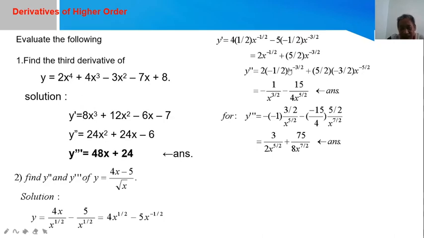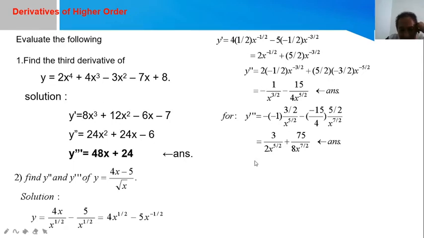Okay, the product becomes 1, x to power of 3 halves, taking the reciprocal to convert it in terms of a positive power. The next term is 15 over 4, correct? That's a product of 2 and 2, 5 and 3. So, changing the power to positive, I take the reciprocal, I associate x to power 5 halves to 4. So, this is the answer for my second derivative which is needed.